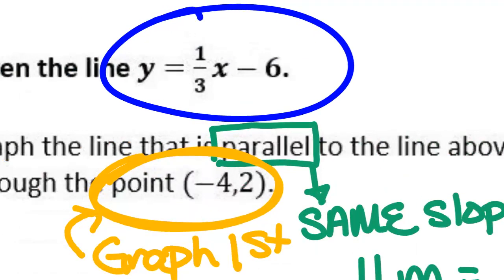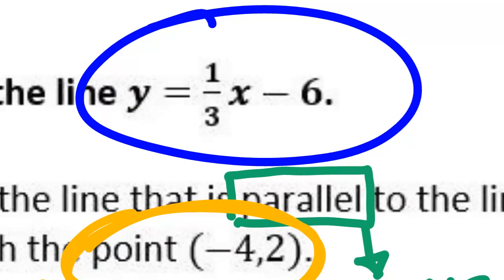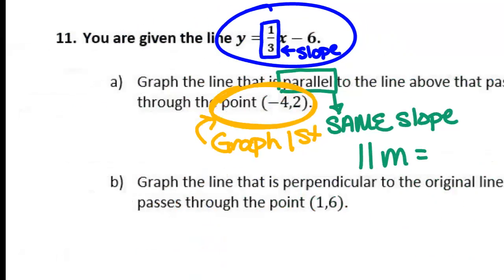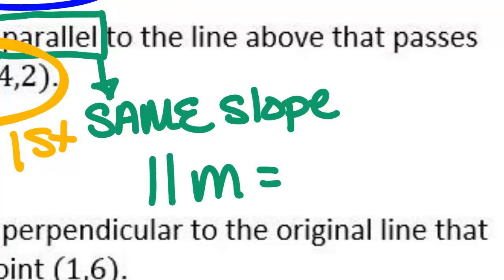What is the slope on the given line? Yep, 1/3. Yep, there's our slope. This parallel line is going to have the same slope, so it's a slope of 1/3.